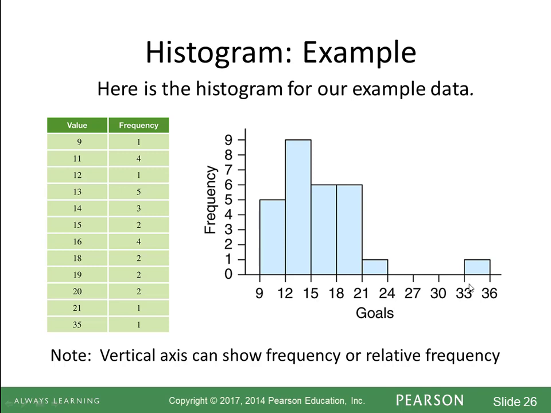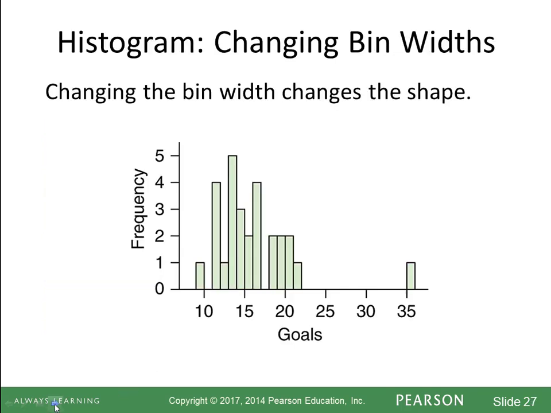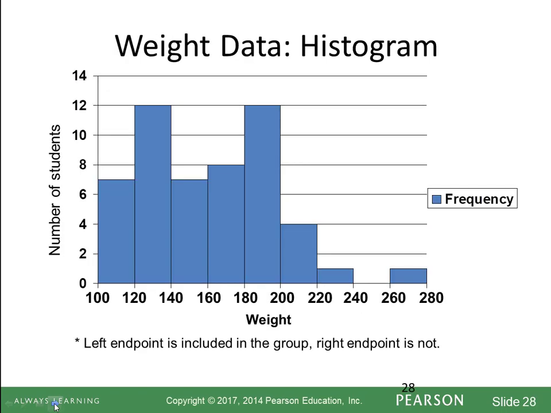Now I have a bone to pick with this, in that, oh, I was going to say our bins aren't even, but they are. They go up by 3 each time. So that's good. And you can see that we have this one piece of data that's far out from the rest of them. Might be an outlier.